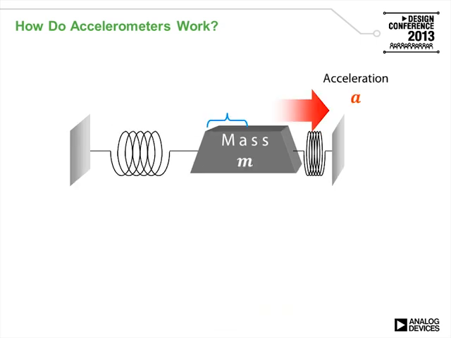So let's look at this up close. Remember some of our high school physics: if we've got acceleration a and mass m, we know that our force is equal to m times a. And also from high school physics, we know if we have a displacement x and a spring constant k, the force is equal to, at least to first order, minus k times x.